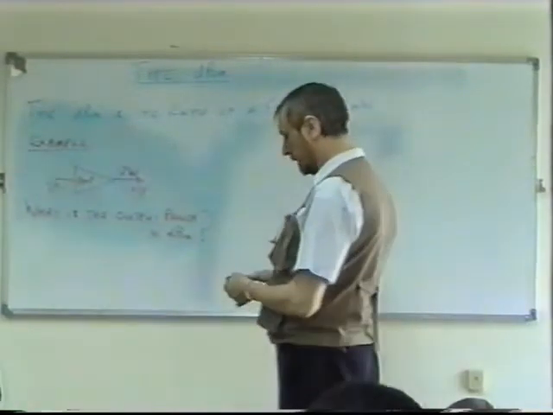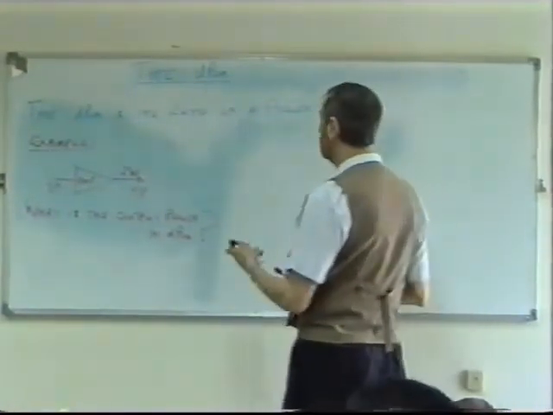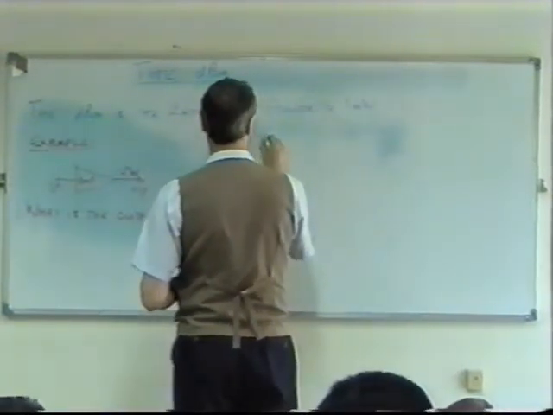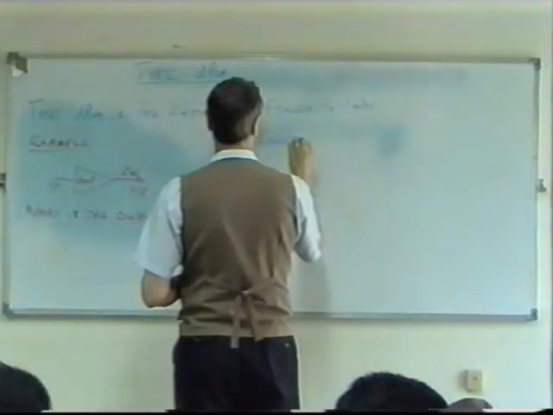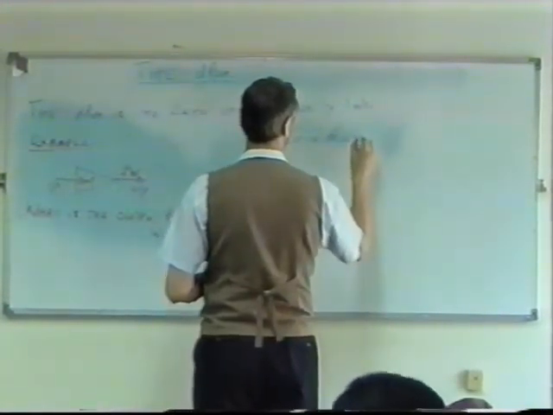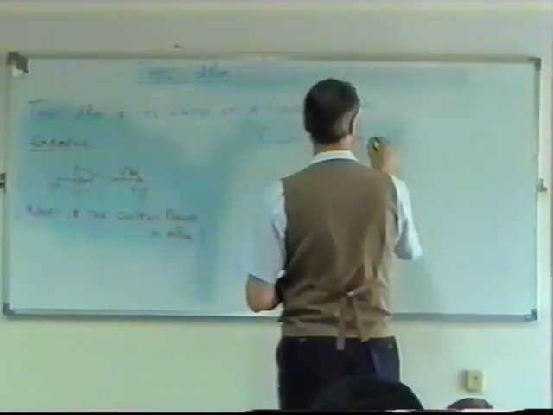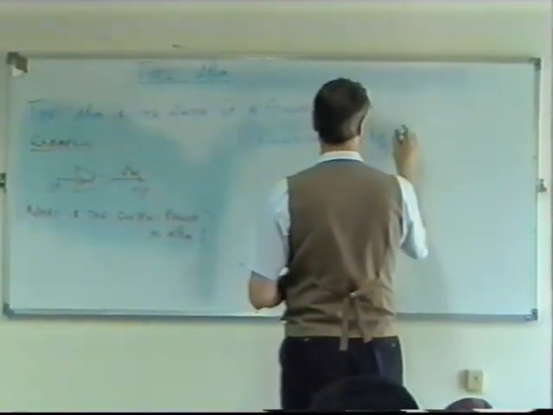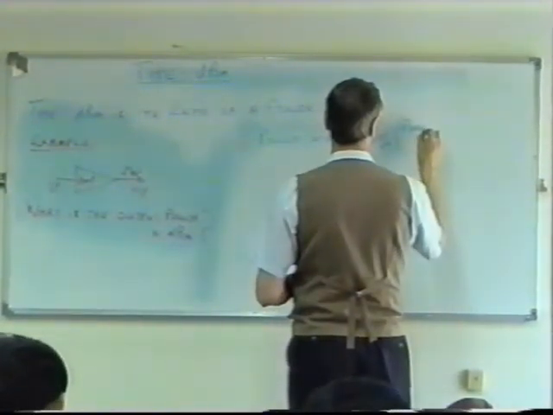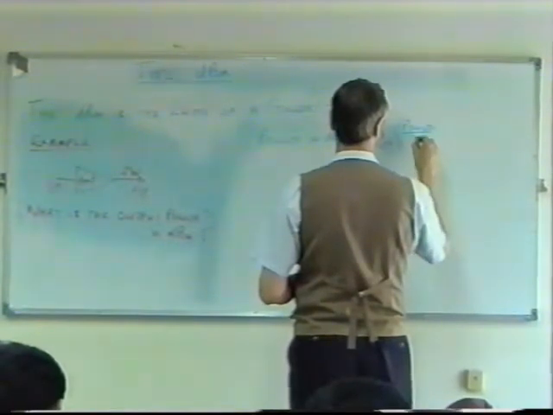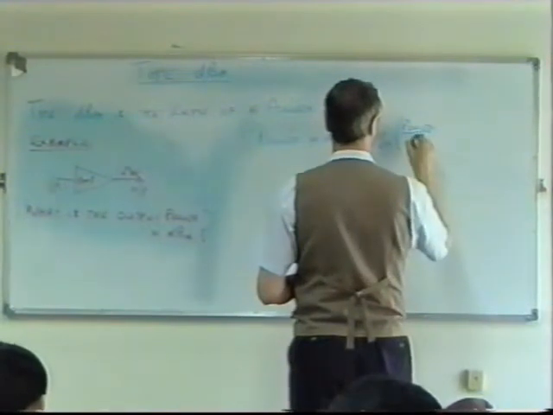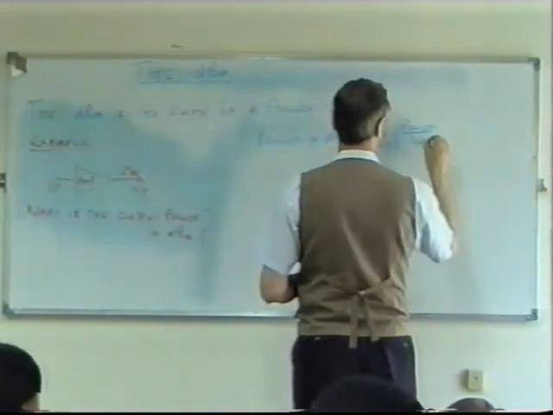We use the same formula, except we must remember that the power in dBm, because dBm is a measurement of power, is equal to the logarithm to the base 10 of the power divided by 1 milliwatt.